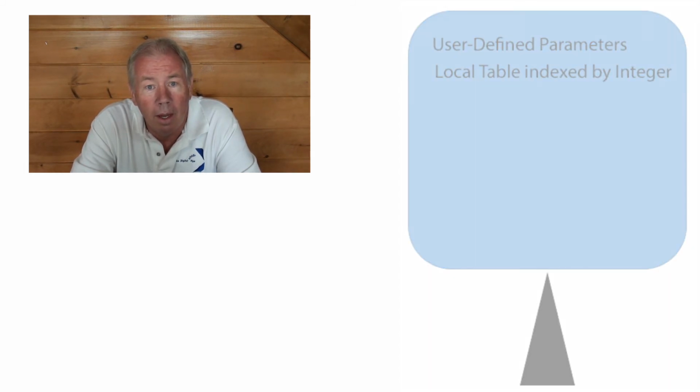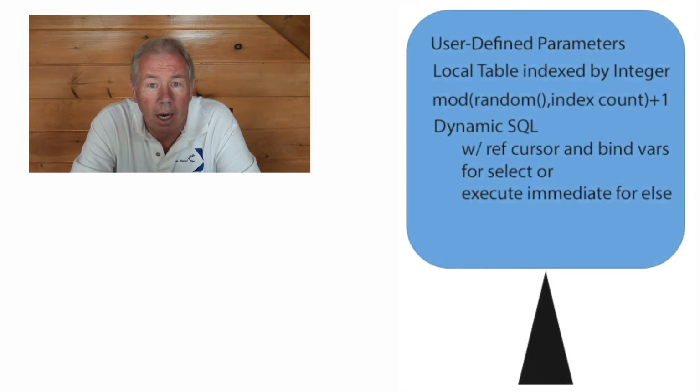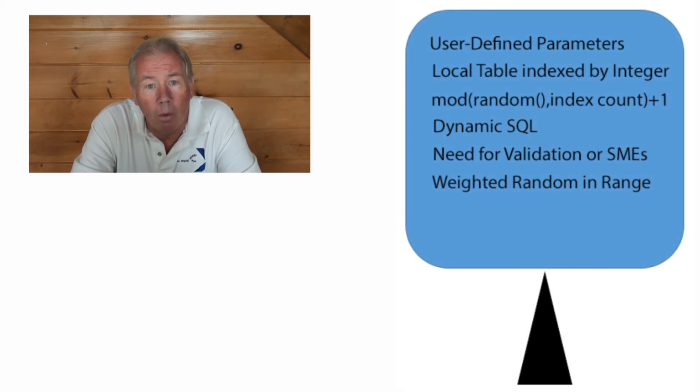That was cool. We generated some random numbers within a specified range. We then looked at dynamic SQL. We looked at weighted random numbers, and finally we talked about the need for subject matter experts. All important stuff, guys.